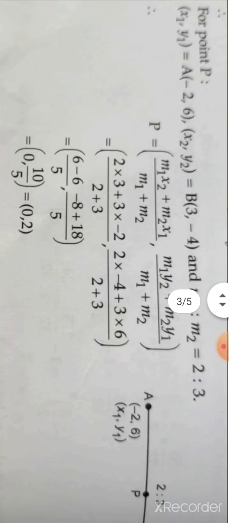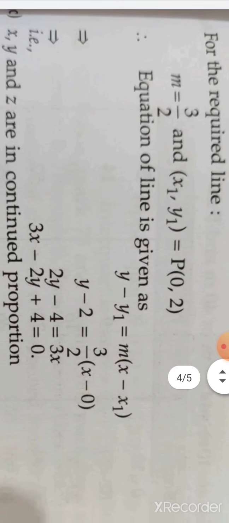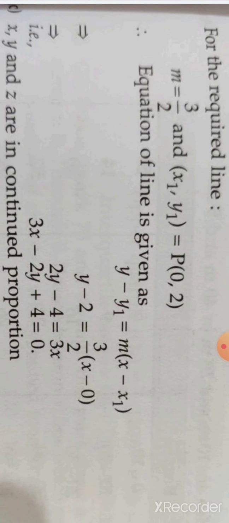Now the question is, we want to find the equation. So here we have the gradient 3 by 2 and now the point coordinates P are 0, 2. So we will find the equation of the line as y minus y1 is equal to m into x minus x1. Y minus 2, the y1 value is 2, is equal to m, the gradient or slope, 3 by 2, and x minus 0, x1 value is 0.